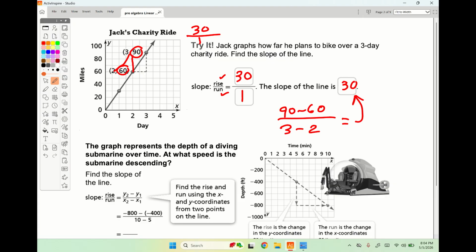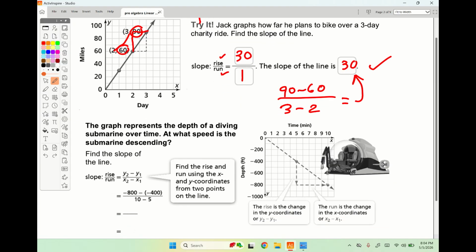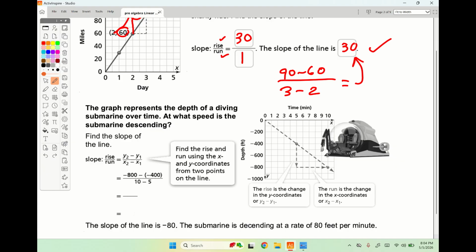So here's another word problem example here. So from the graph, we have information, right? We have 5 minutes relates here to negative 400, and we have another dot over here that's 10 minutes, and it's already at negative 800.